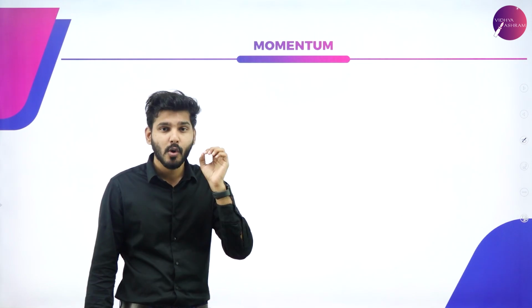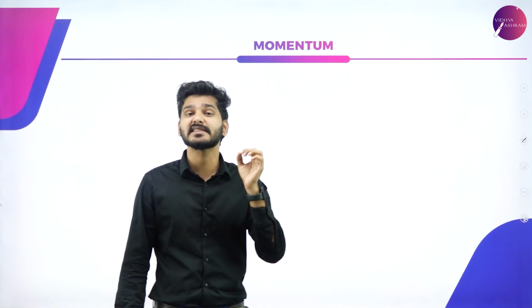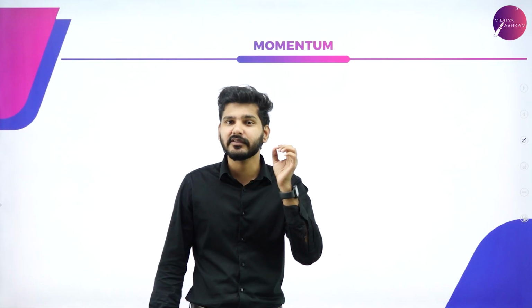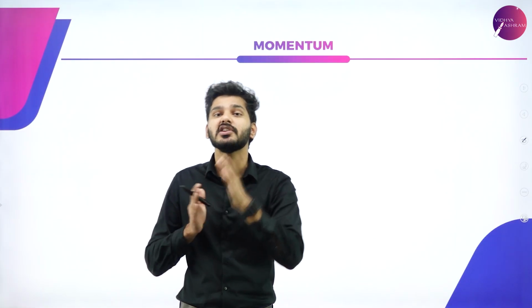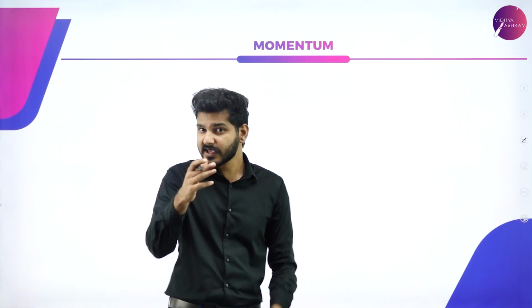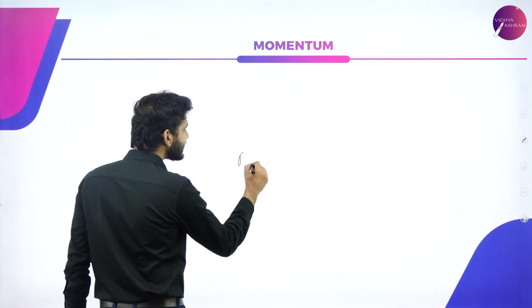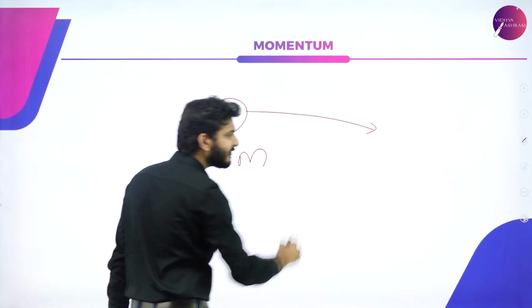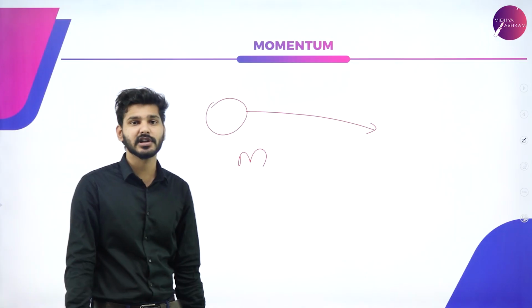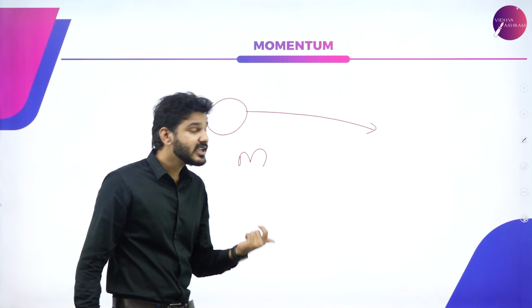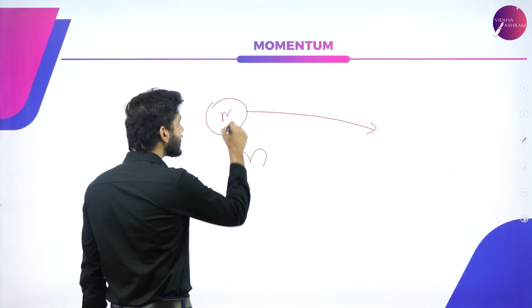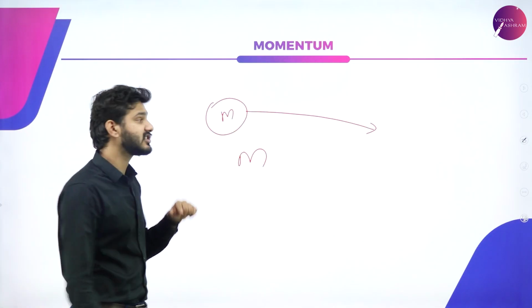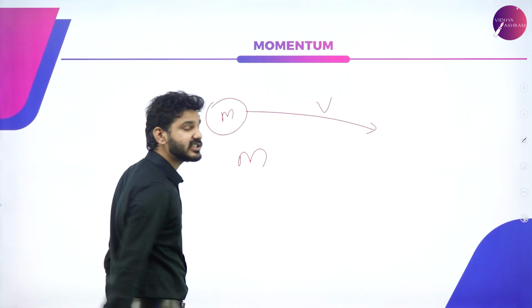Yes, there is. What if an object having mass m is traveling with a velocity v and the velocity suddenly changes? Since mass is not changing, let's say a cricket ball is coming towards you really fast and you want to catch that particular cricket ball. Initially, the cricket ball, which has a mass m, is coming towards you with a velocity v.